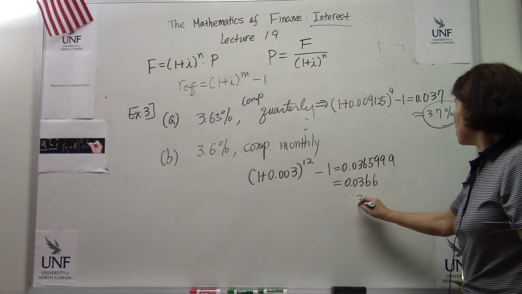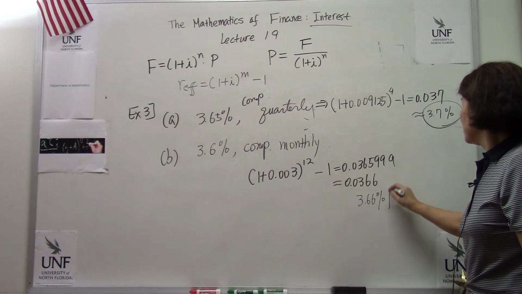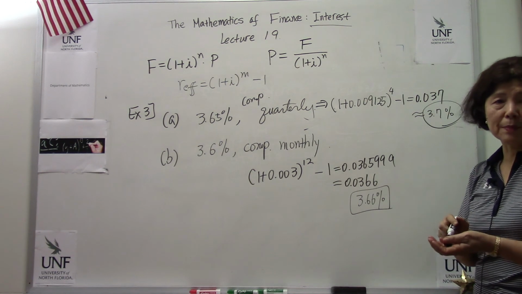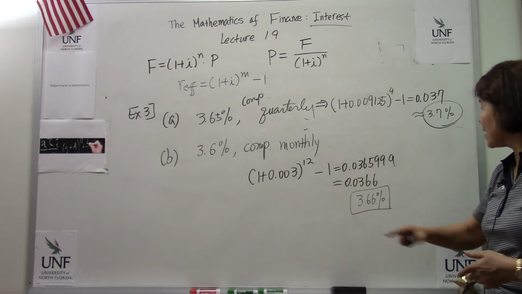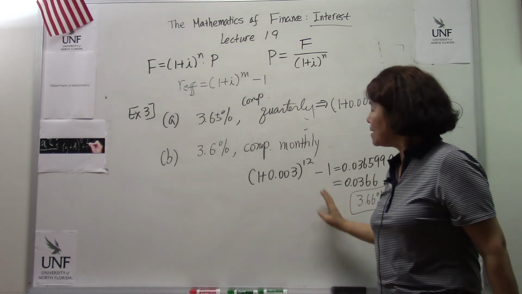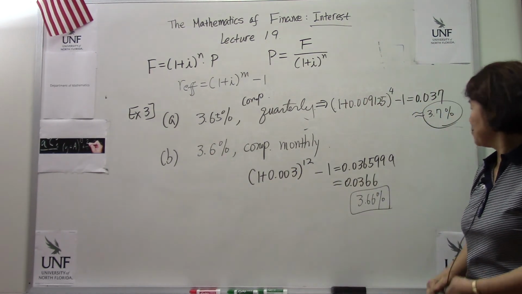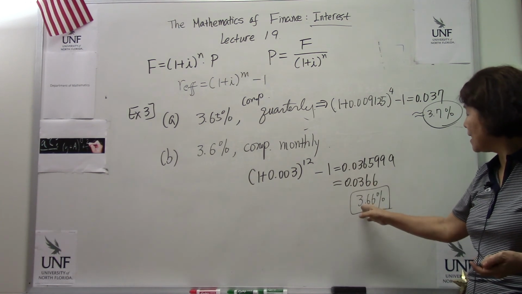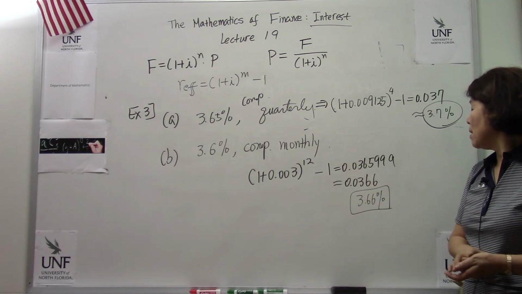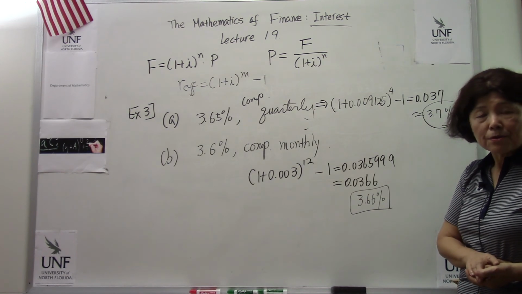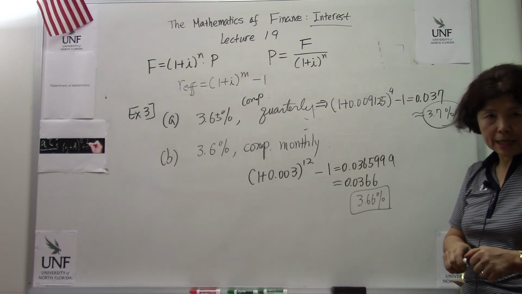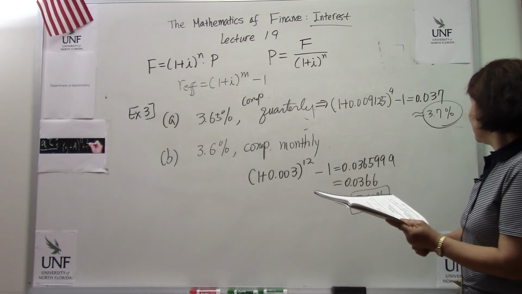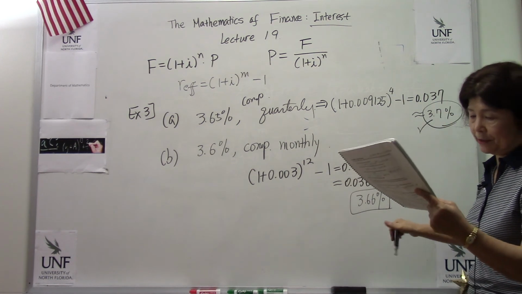This one is 3.66%. So which is the better option? Of course, A is the better option. Your answer is slightly higher than the nominal compounding rate because of compounding. When you convert, it is the same as if I put in a simple interest rate at this percentage. For this answer, A is the better option.